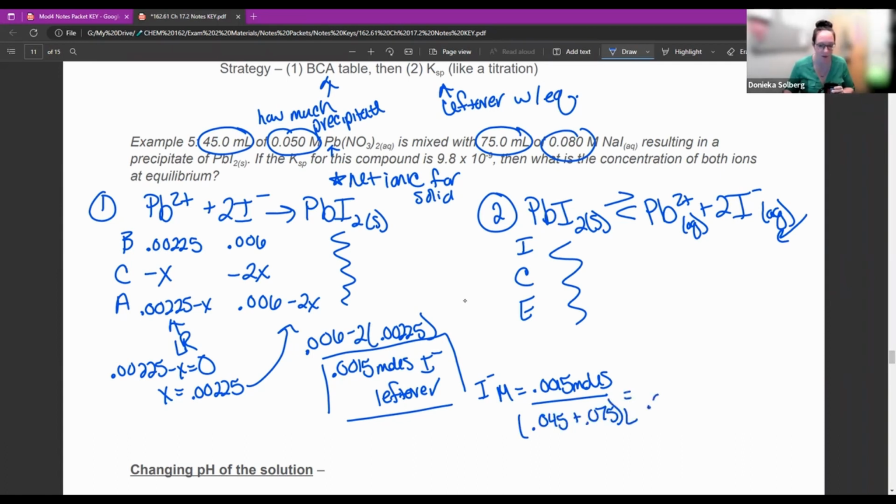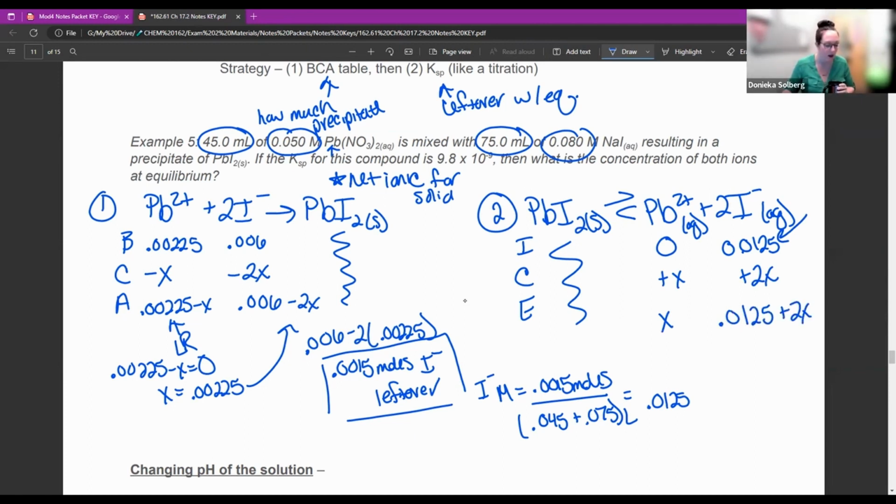This concentration ends up being 0.0125. So that's what goes here, 0.0125. Okay, now I ran out of the lead, there wasn't any lead. Okay, so I'm going to do this just like a regular KSP. This is plus x, this is plus 2x, this is x, this is 0.0125 plus 2x.